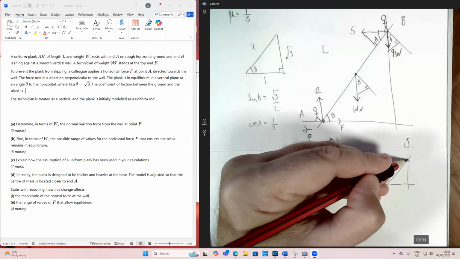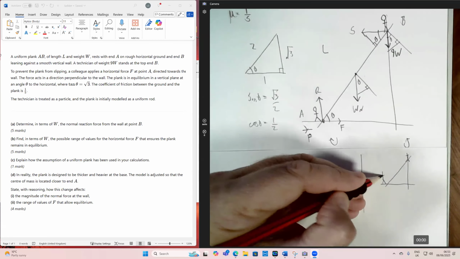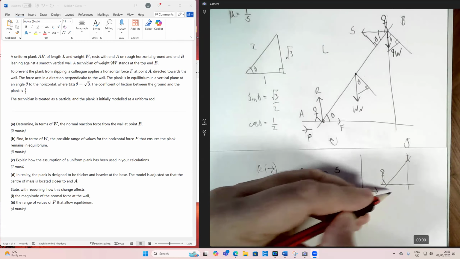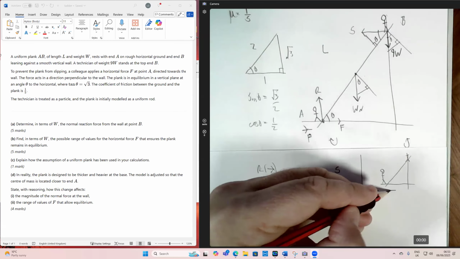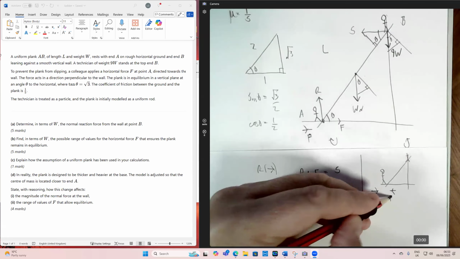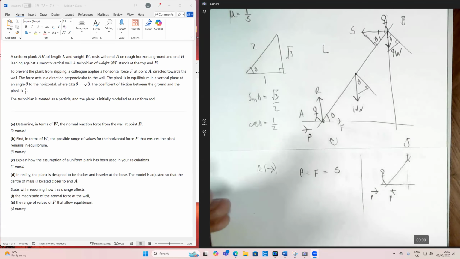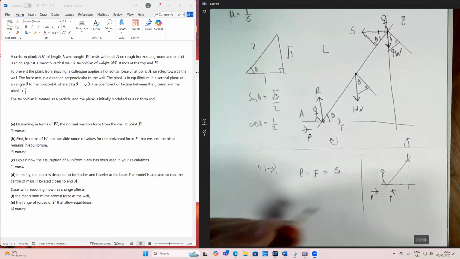We've got our technician up there, we've got the colleague down here, we've got the horizontal force P, but now the friction is going the opposite direction because the plank is about to move up the wall, so the friction is now reverse direction, okay?